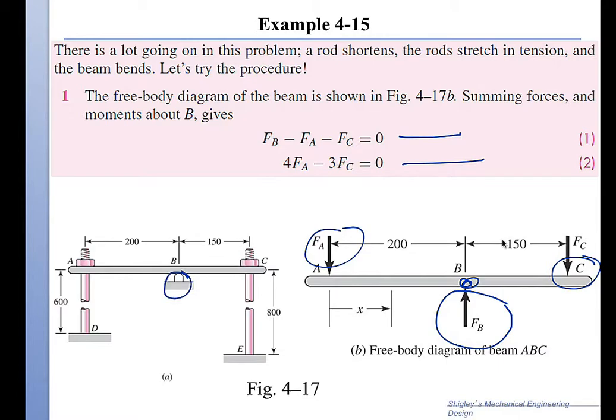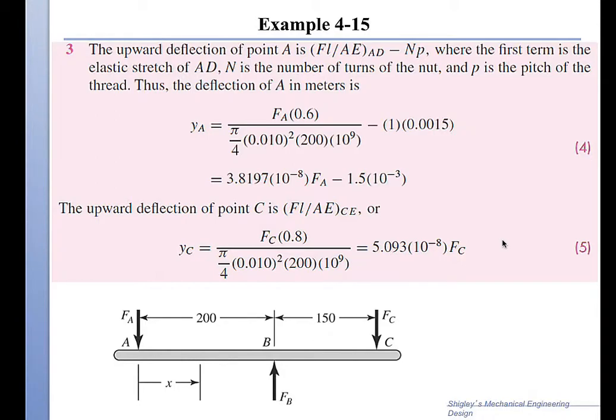So I know that delta at B is equal to 0, no problem. But I don't know here and I don't know here. So I need to relate the deflection in these 2 members to the forces generated in the members. And that's the interesting part of this problem.